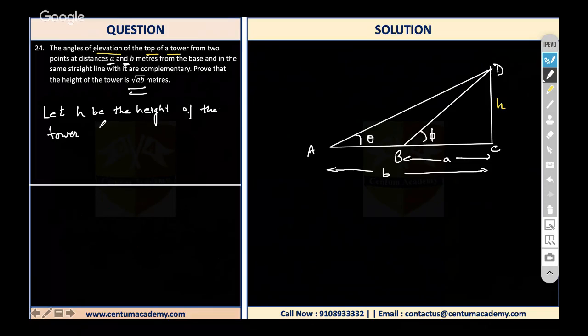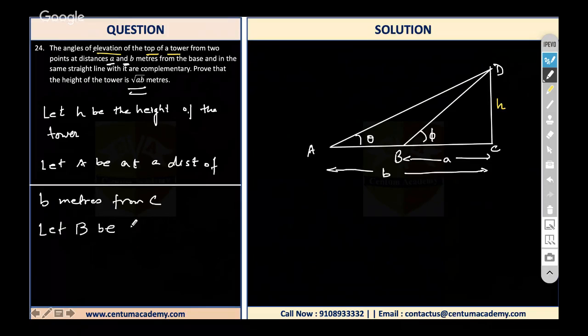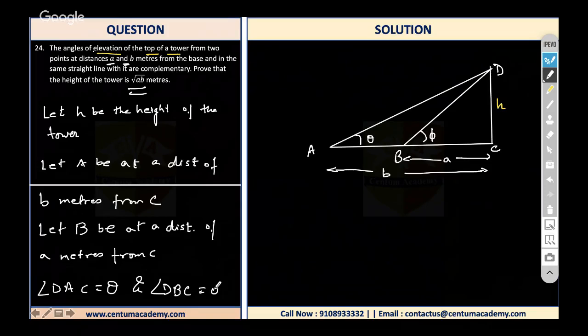It's good practice to mention the given things. Let B be at a distance of B meters from C, and let A be at a distance of A meters from C. Let angle DAC be equal to theta, and angle DBC be equal to phi.